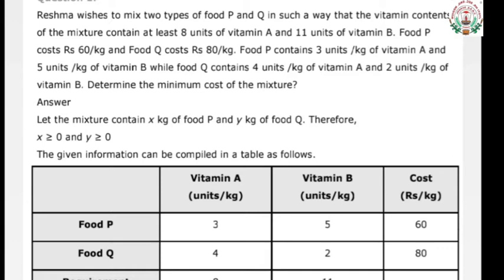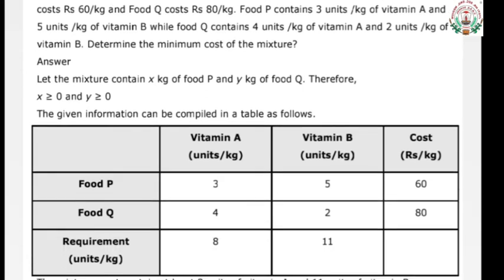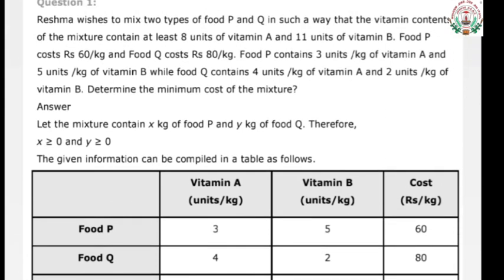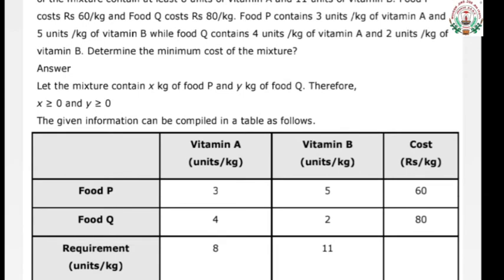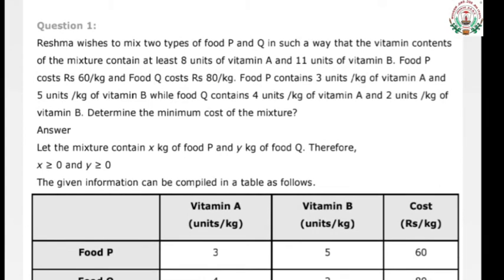Food P, food Q. Food P has 3 units per kg of vitamin A and food Q has 4 units per kg of vitamin A. Therefore here 3 and 4 for vitamin A. In the vitamin B column we can see that food P is having 5 units per kg of vitamin B and food Q is having 2 units per kg of vitamin B. So 5 and 2, and it is given that food P cost rupees 60 per kg and food Q cost rupees 80 per kg.